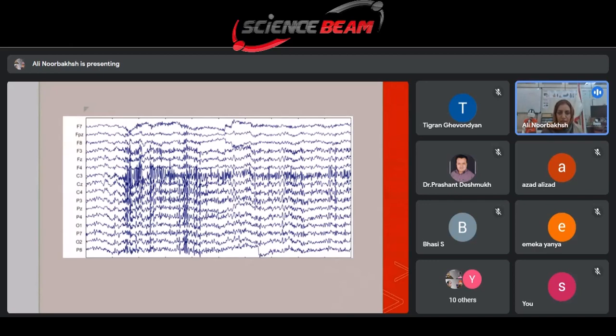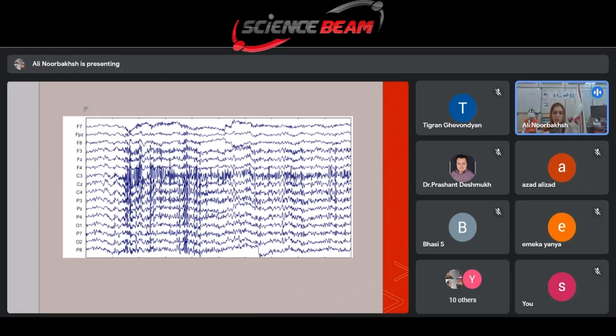Why can we see jaw muscle artifact on T3 and T4? Do you know? Because these electrodes are close to the jaw muscles, and we can see this artifact on T3 and T4.